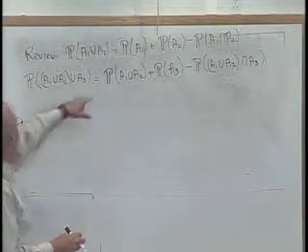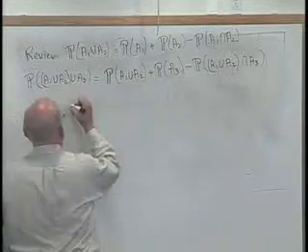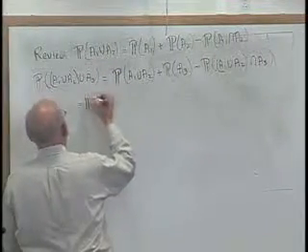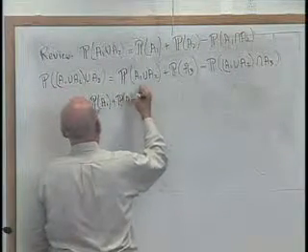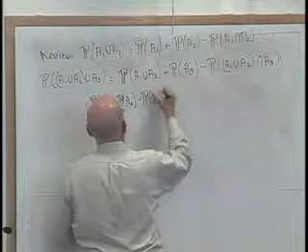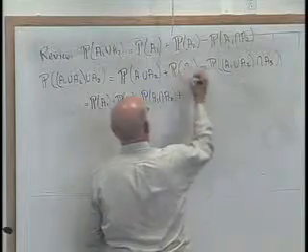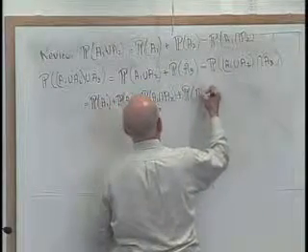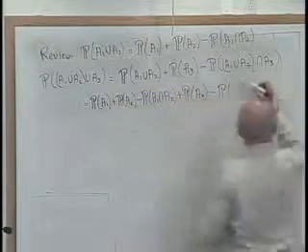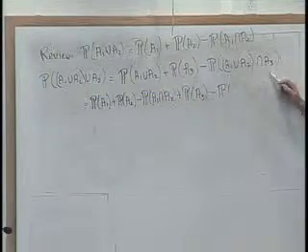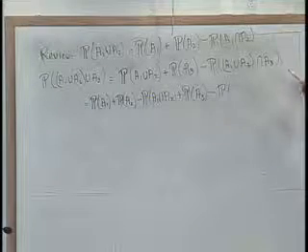Okay, now we're making real progress, because now I can apply the 2 event case to get the probability of A1 plus the probability of A2 minus the probability of A1 intersect A2. Then I've got the probability of A3, and I have to subtract off a probability involving this event.